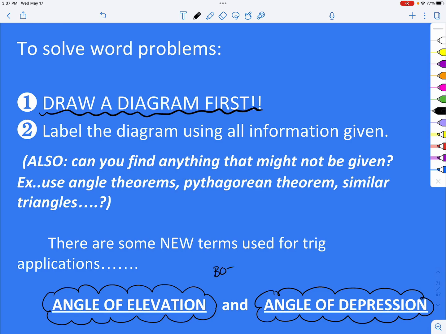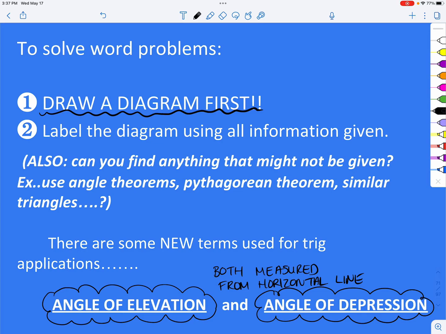Both of these things, so if you read a question it says angle of elevation or angle of depression, both are measured from a horizontal line. The problem with depression, angle of depression, is we don't often see a horizontal line.